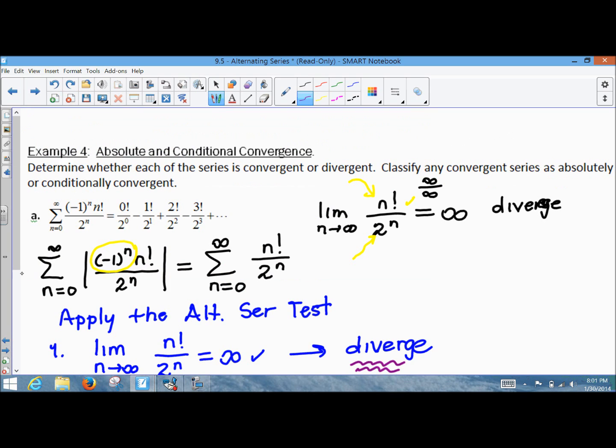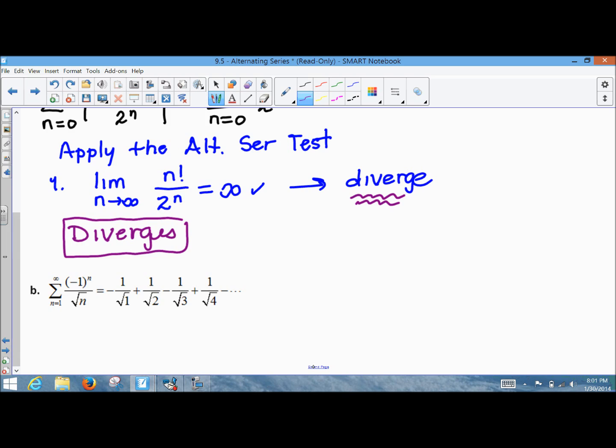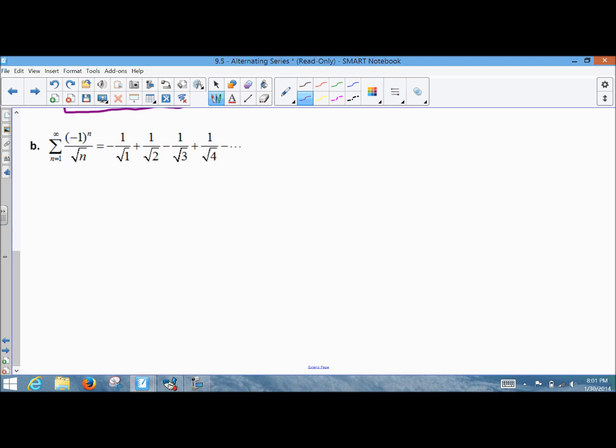Let's take a look at one more example. Maybe this will get you feeling a little bit better. This is part B of example 3. Let's set this up the way that I did before. Let's go right to what's happening with the absolute value of this nth term expression.